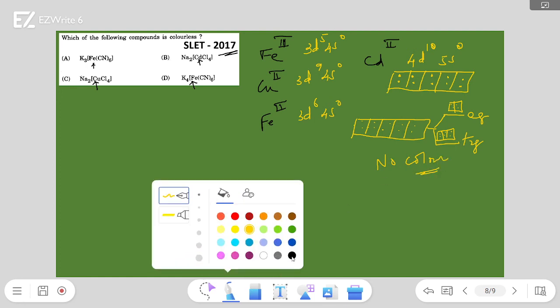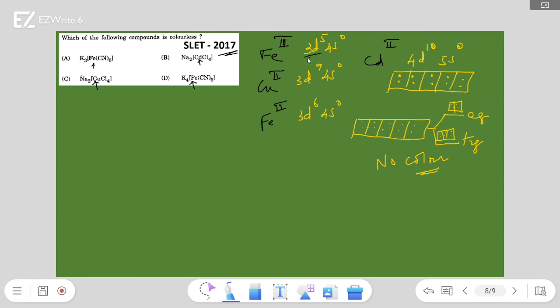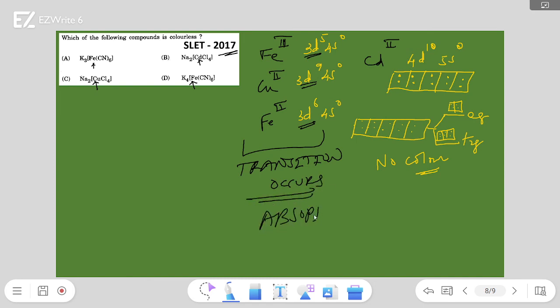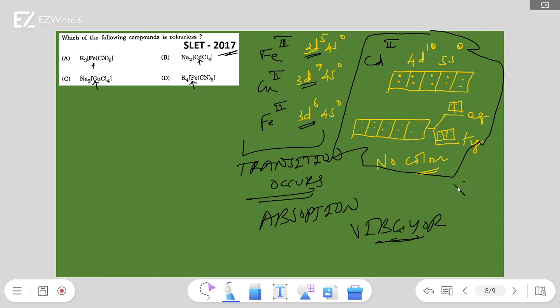Whereas in the rest of the 3 options, if you check carefully, you will find a lot of unpaired electrons which undergo transitions. This transition leads to absorption, and that leads to the VIBGYOR theory of absorption. But in this particular case, no color, no transition, nothing. So option B is the correct one, where it is colorless.